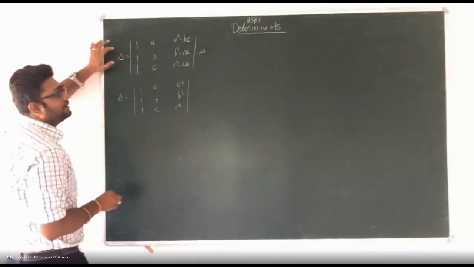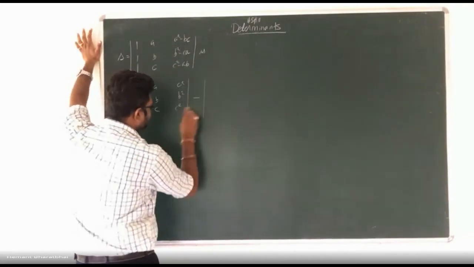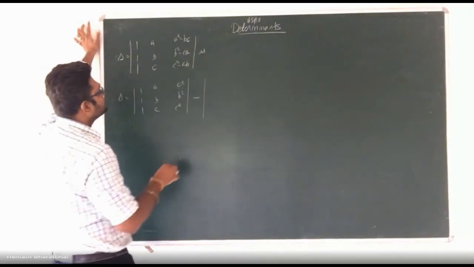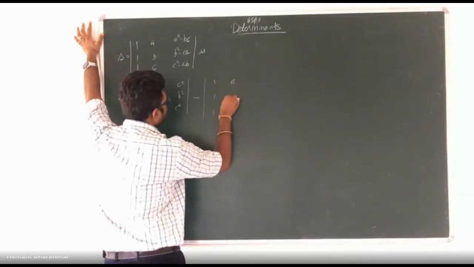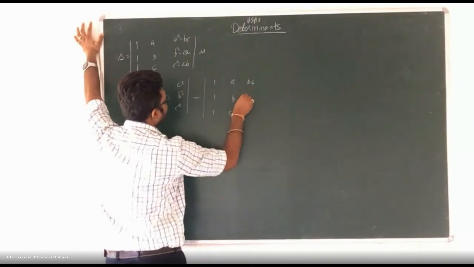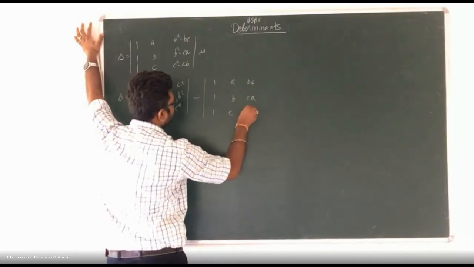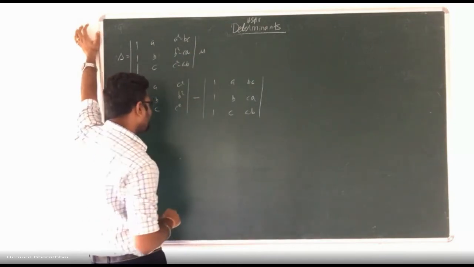For the next determinant, since here I have minus, minus, minus, instead of plus I am writing minus. So here I'll get 1, 1, 1, A, B, C, and here BC, CA, AB. This minus I have already taken over here.